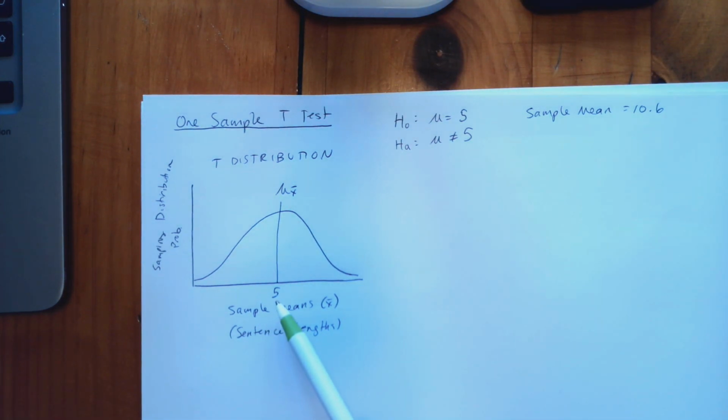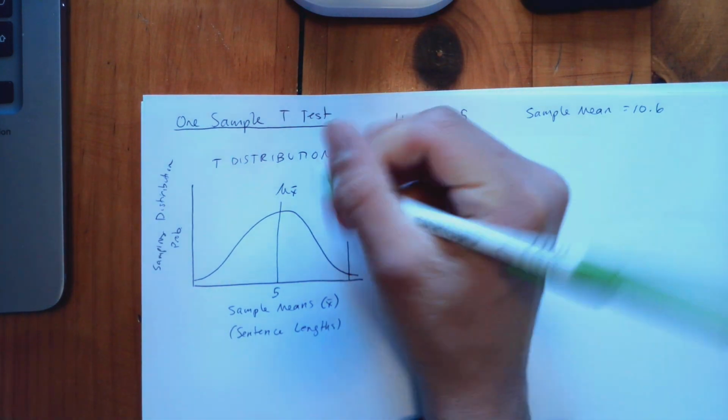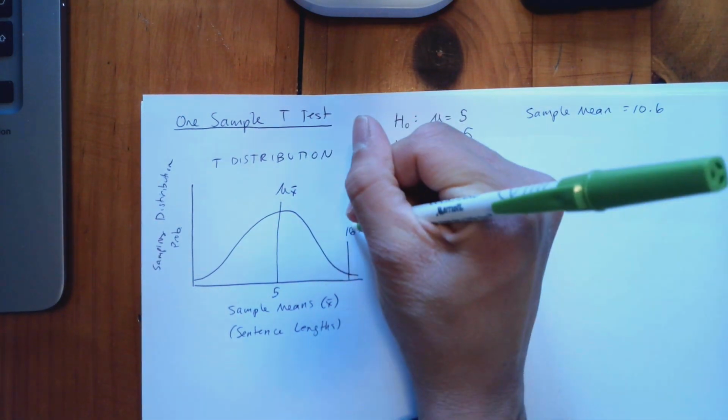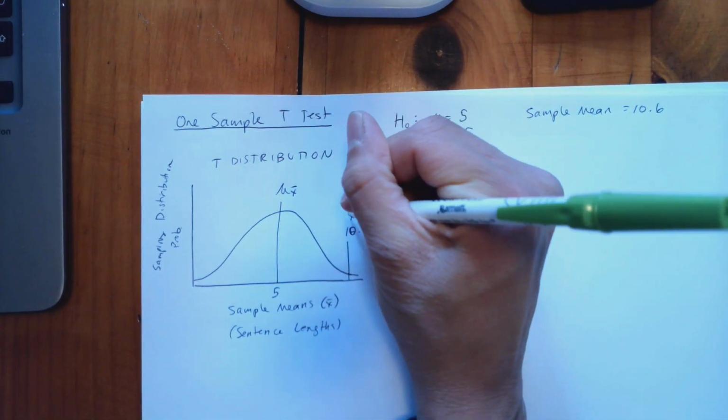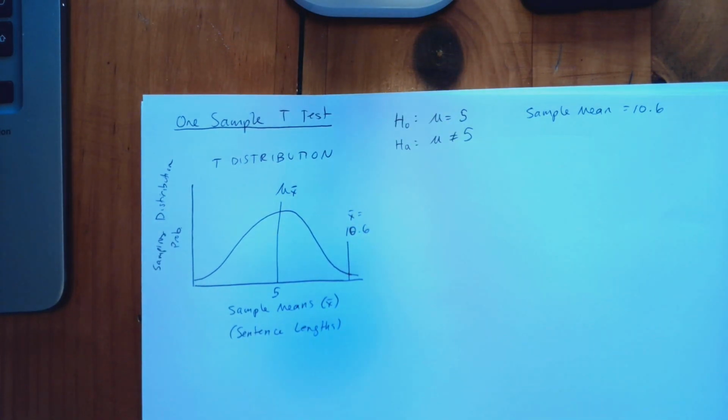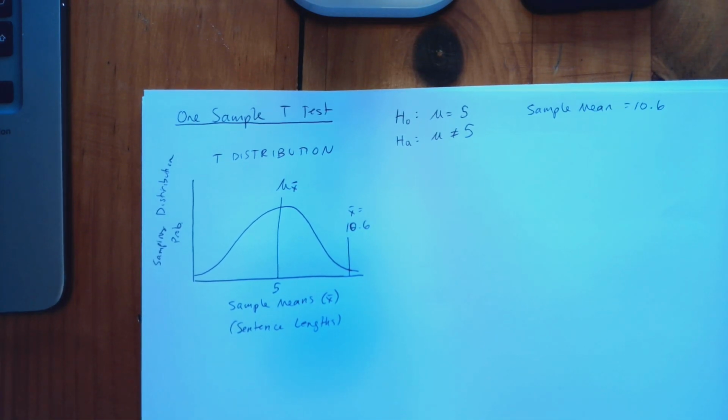And if it's really 5 years on average, how likely is it that we'd get a sample mean of 10.6? And is it something that we could expect to happen pretty often, or is it something that would happen relatively rarely? And we're going to use the sampling distribution to answer this question.